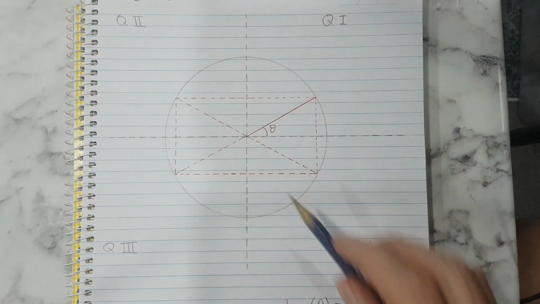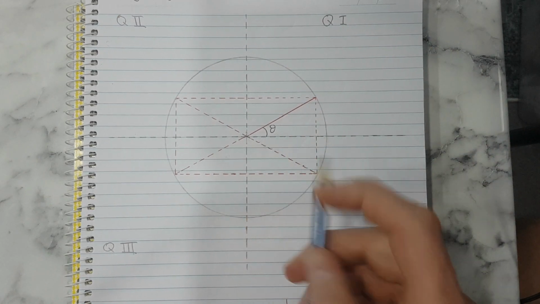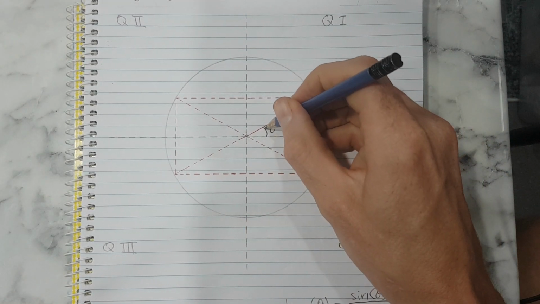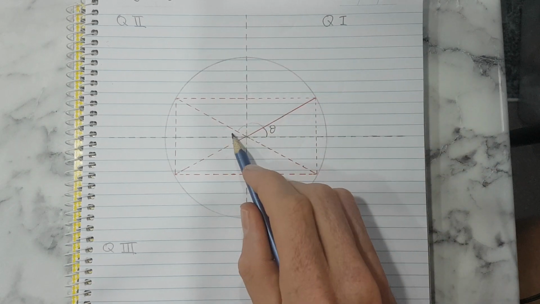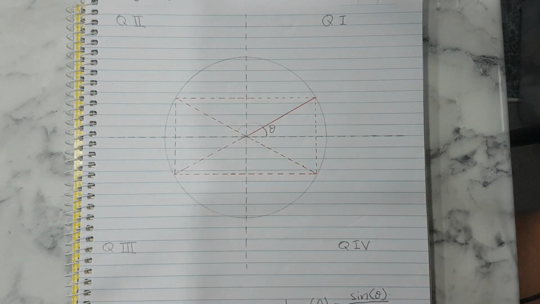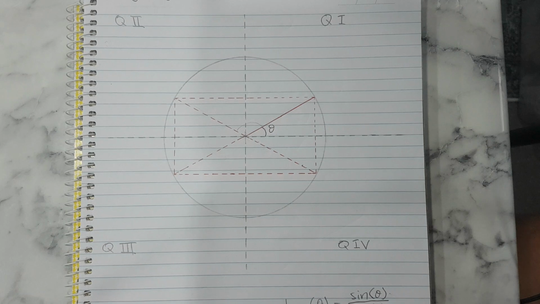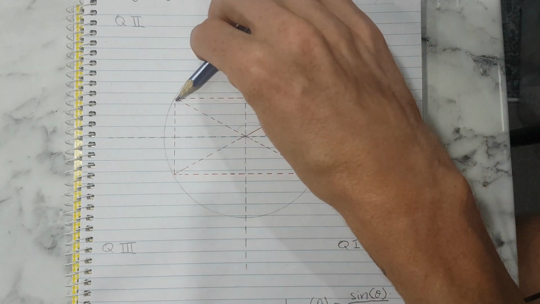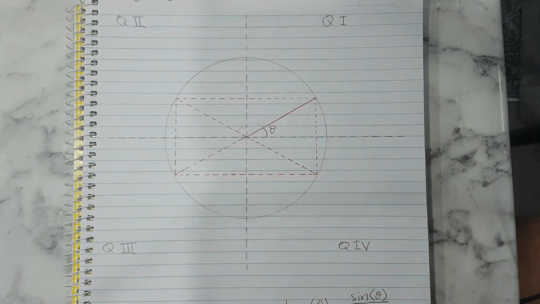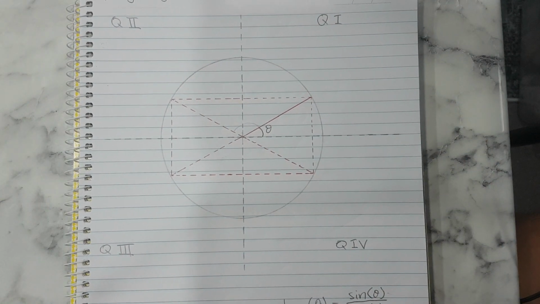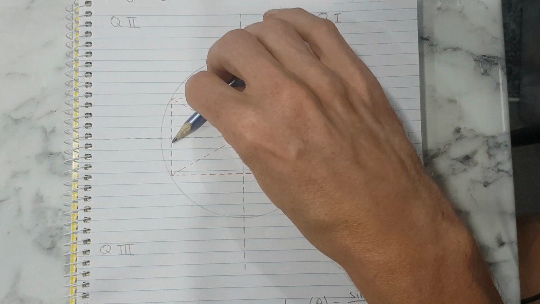So quadrant 2, if we're considering the angle that would be right around here, really any angle in this second quadrant. But if we just use this line that we've already got here as our standard angle to look at in quadrant 2, we're looking at this triangle like this.